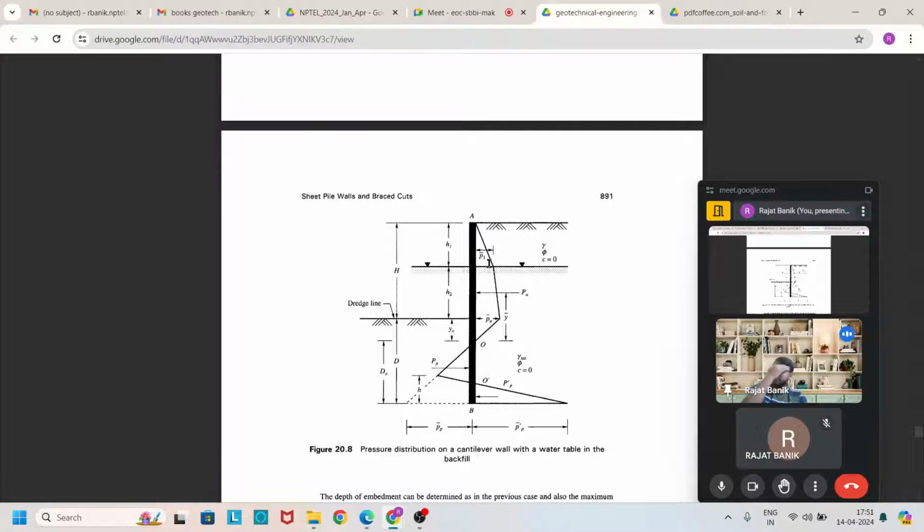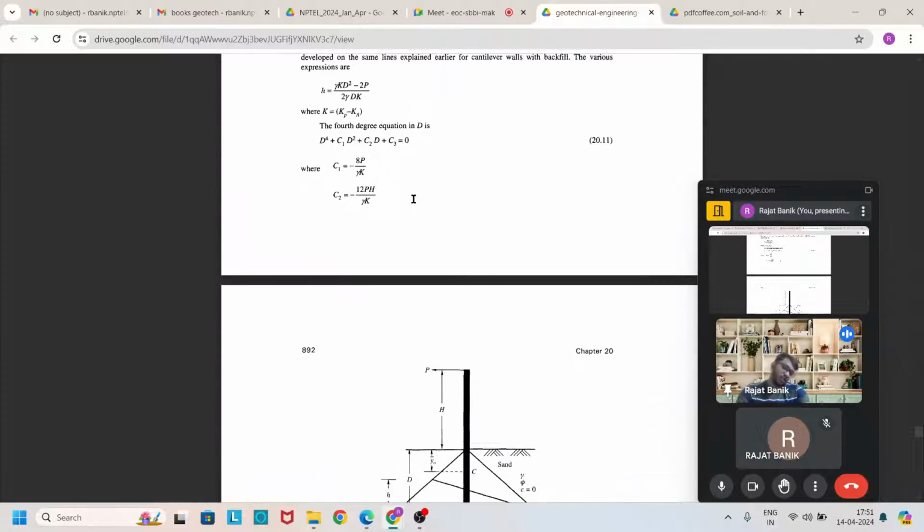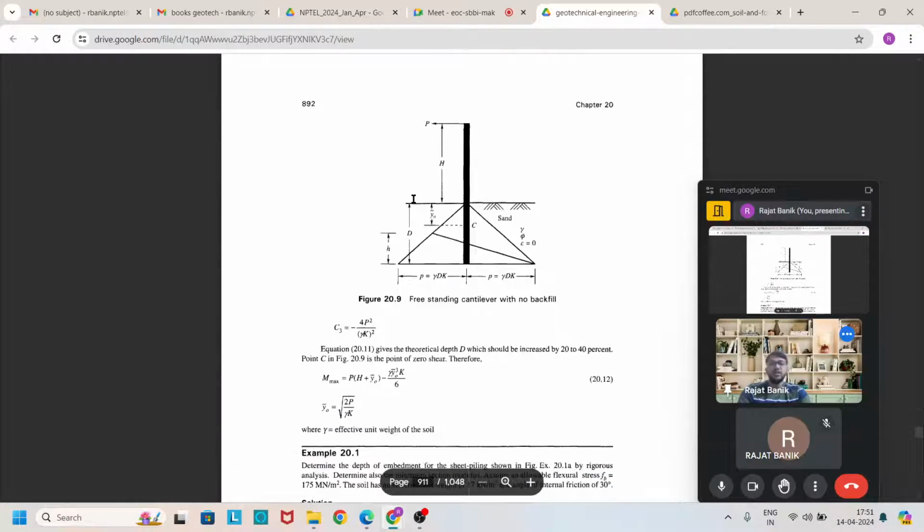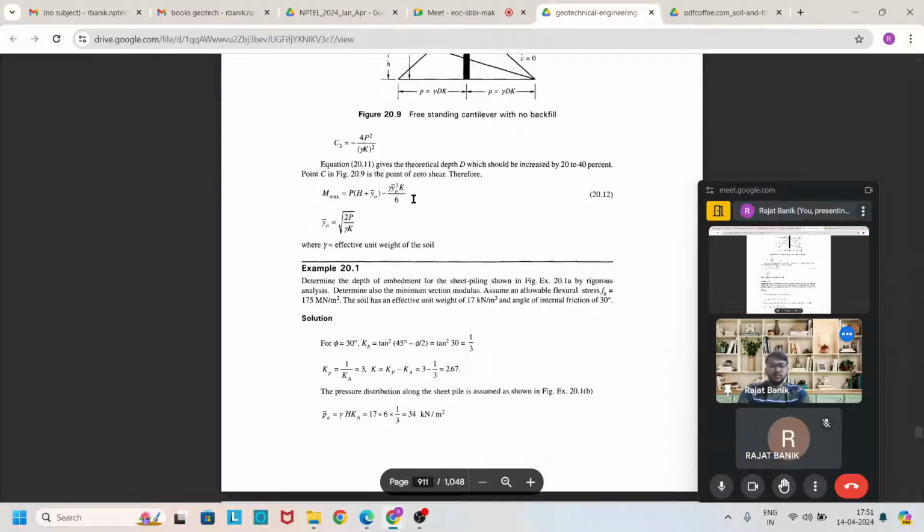Gamma dash is nothing but the submerged unit weight of the soil, which is equal to gamma saturated minus gamma w. Everything is the same, only gamma is replaced by gamma dash.